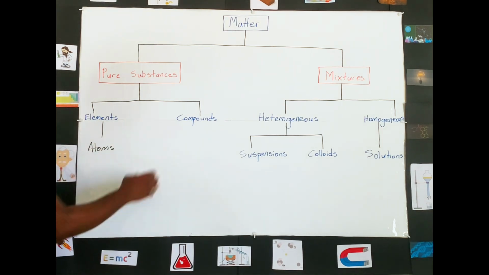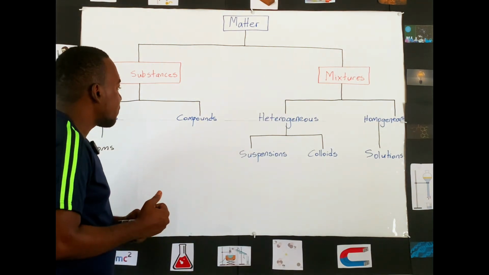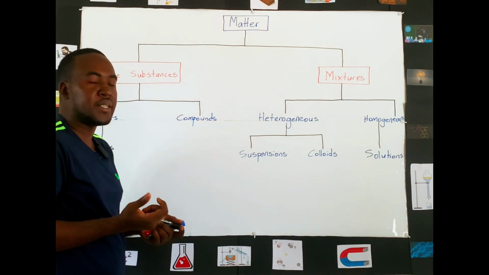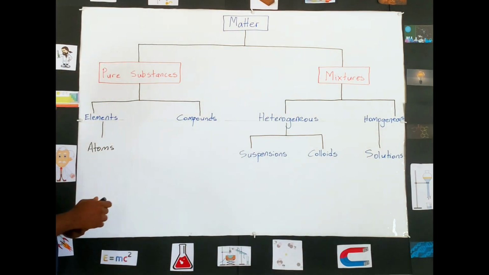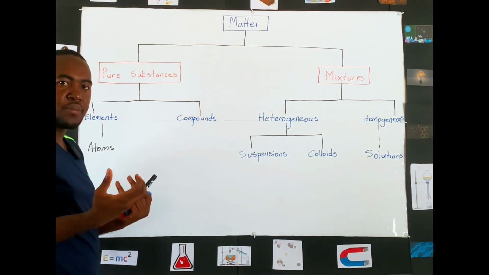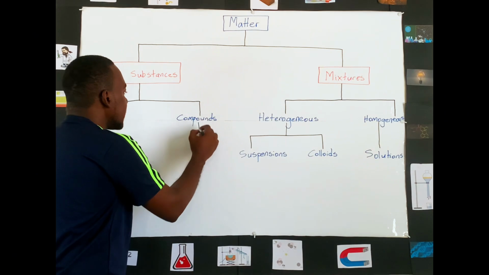Right? Then we go to compounds. Compounds are substances that are chemically bonded together, elements that are chemically bonded together. So if we combine two or more elements together, we get what we call a compound.